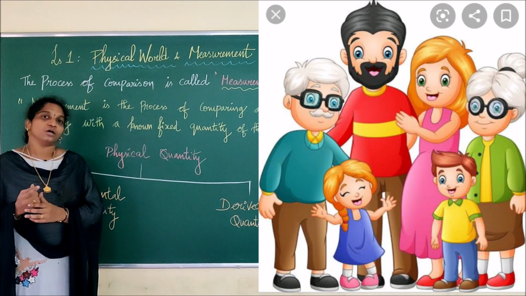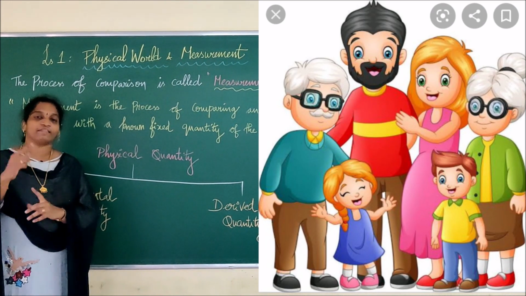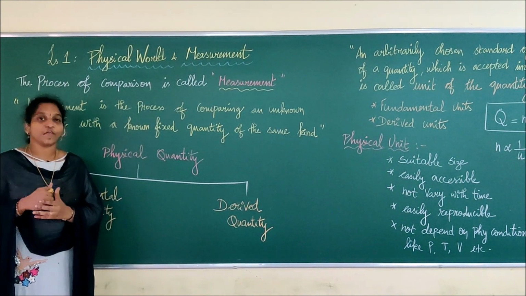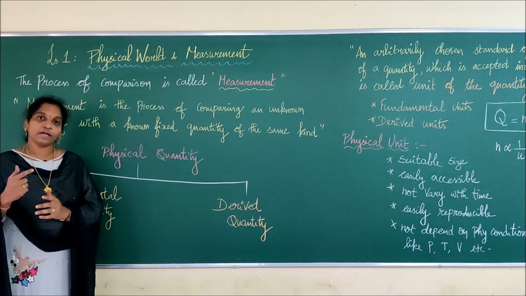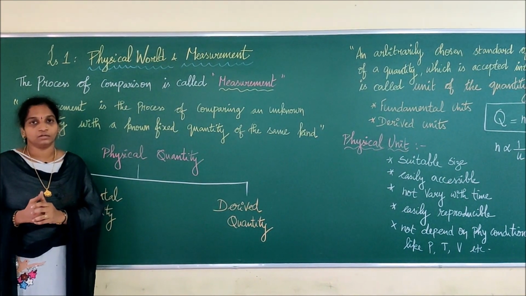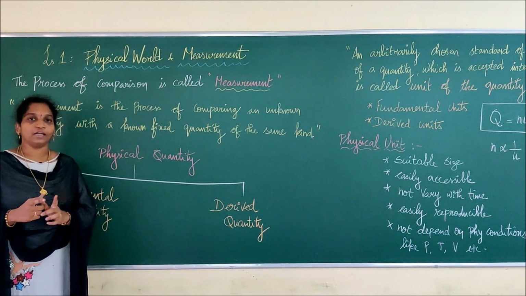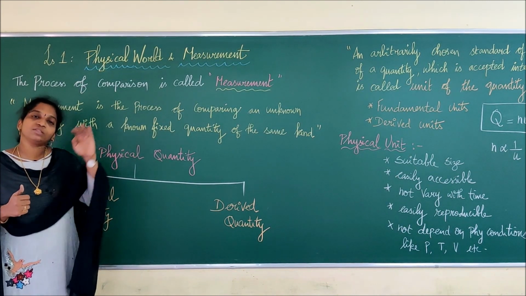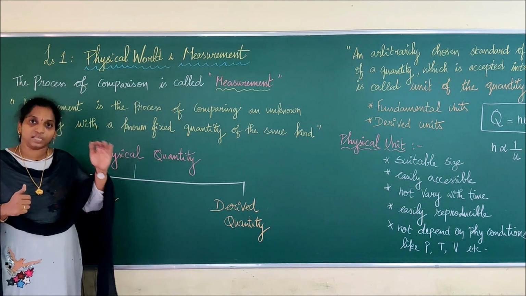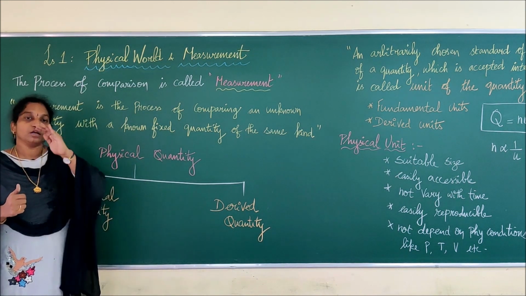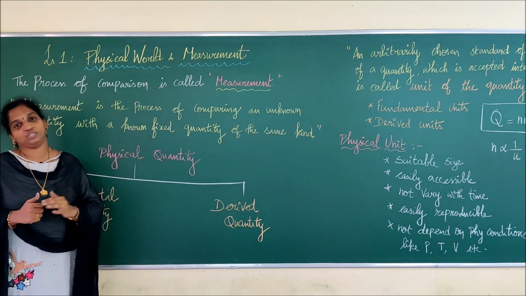If I ask who is taller among your father and mother, again you will say your father. Then if I ask how much taller he is than the other, for that you need a measurement. You compare with some standard unit to say this much height, right? You know that he or she is this much height.